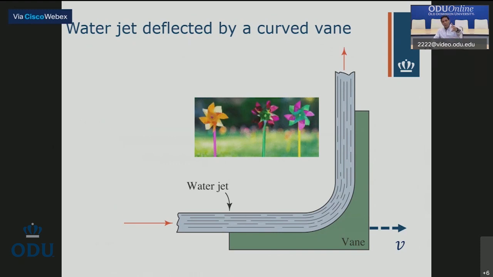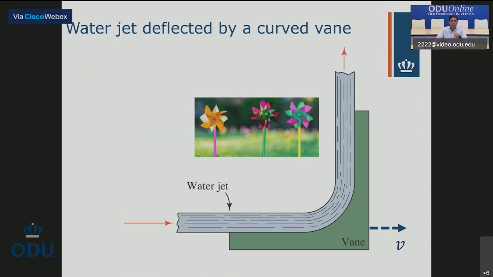And many of you might have already made these on your own when you were a kid, or right now. You don't need to be a kid to make that, right? And you blow some air against the pinwheel and it starts moving. So why is it moving? Because this jet, well, in this case, it wouldn't be a water jet, it would be an air jet, since you're blowing air.